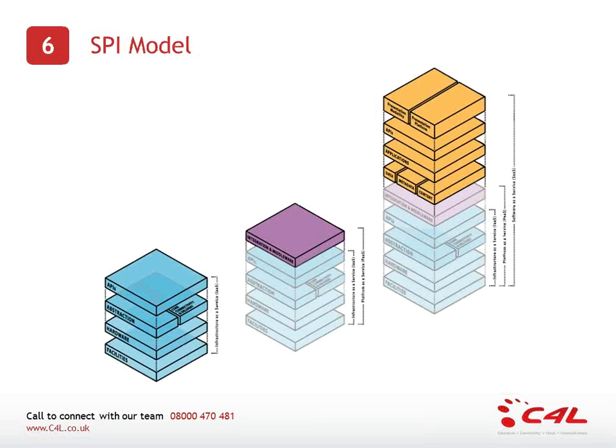And what we'll do now is just show where that sits in what we call the SPI model. So it's software as a service, platform as a service and infrastructure as a service makes up the SPI. Starting on the right hand side we have the software as a service stack, and an example of this would be something like Gmail, where you have no interaction at all with the hardware or the platform, or indeed the software.